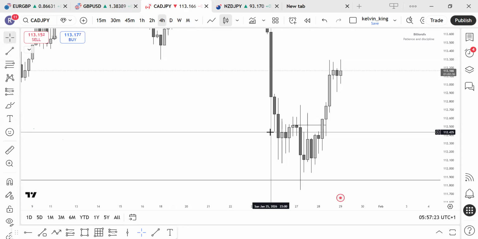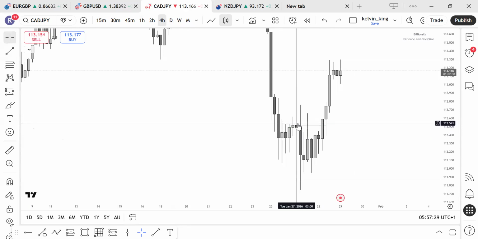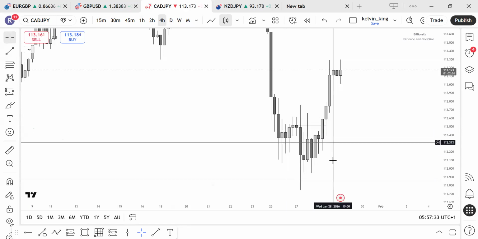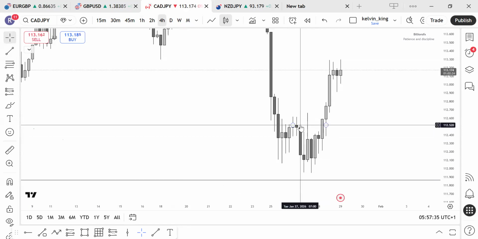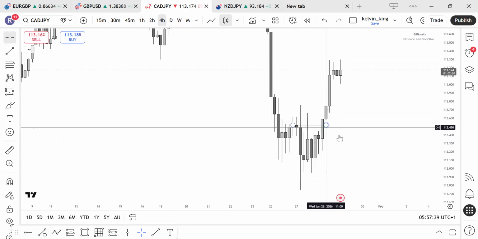So in this situation, this breakout came with entry. As you can see, we had daily reject daily and there was a 4 hours breakout, and that 4 hours breakout came with rejection. And as you can see, price traded into it.